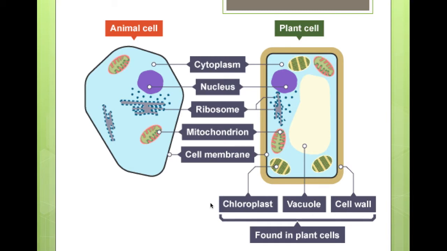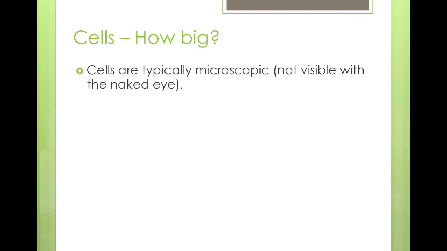These three are found mainly in plant cells and not in animal cells, which is what makes plants different from animals. We are going to look at them more carefully in later chapters, but this is just to give you a bit of an overview of the cell, what they do, and some parts of the cell, how it functions, okay? Now, let's talk about size.